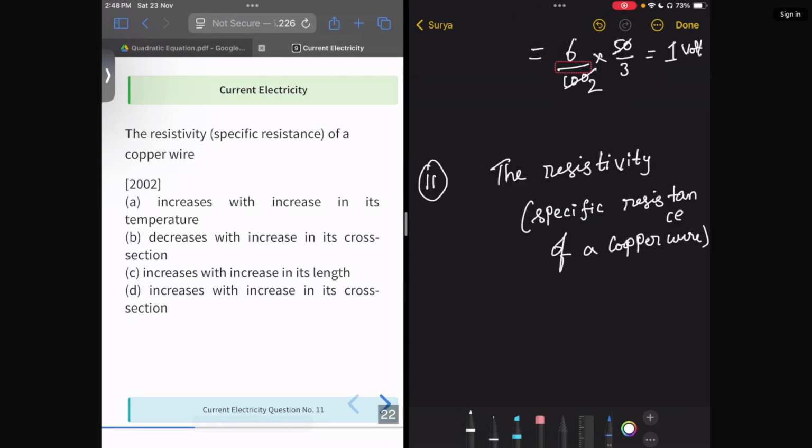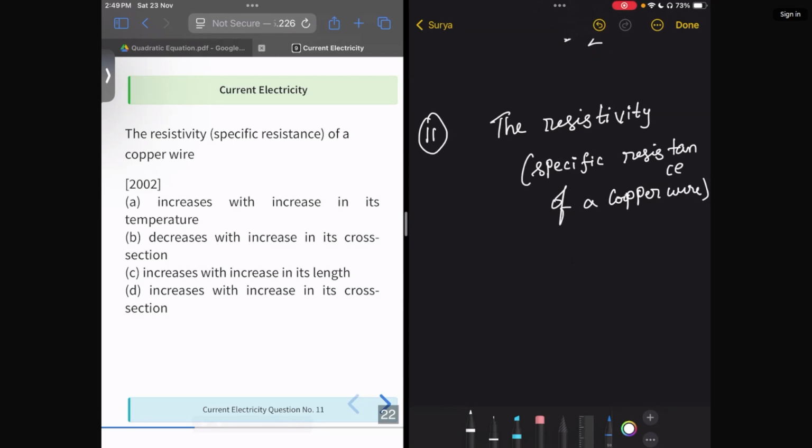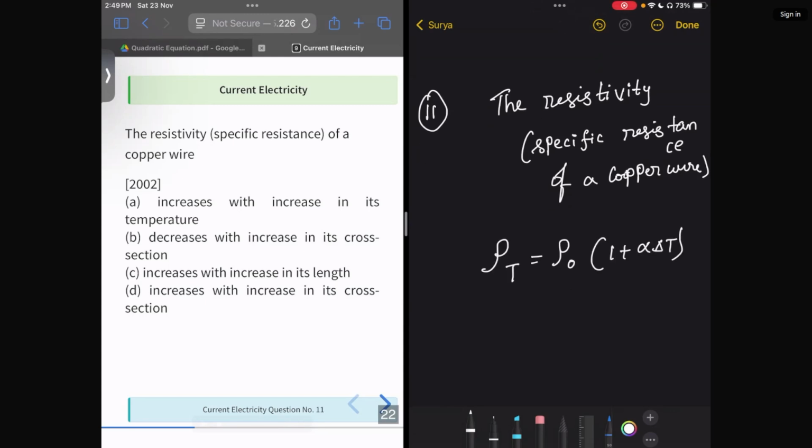The options: increases with increase in temperature, decreases with increase in temperature, increases with increase in length, increases with increase in cross section. They are asking, basically, the resistivity of copper wire. The resistivity of copper, rho T, depends upon the temperature, like rho naught into 1 plus alpha delta T. Like most metals, copper's resistivity increases with temperature.